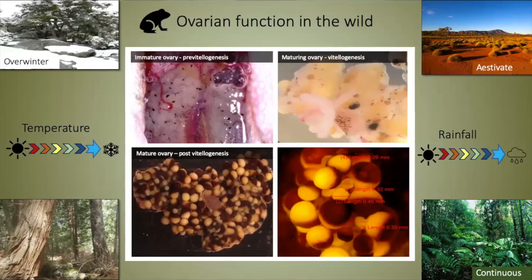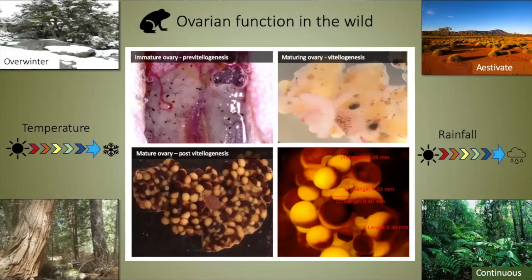So as I mentioned before, temperature changes are one of the direct triggers for physiological transitions from inactive periods into breeding and foraging.